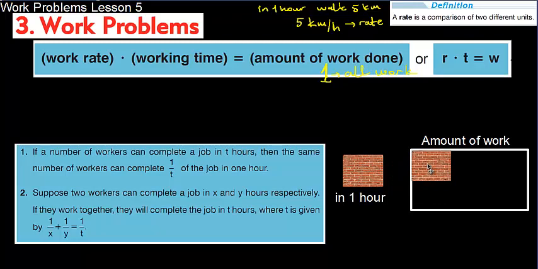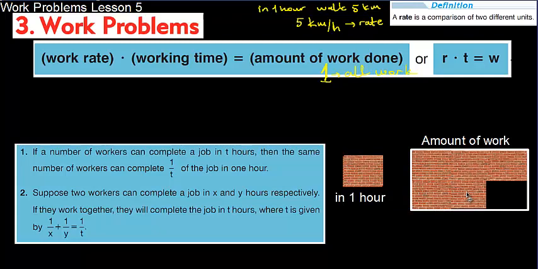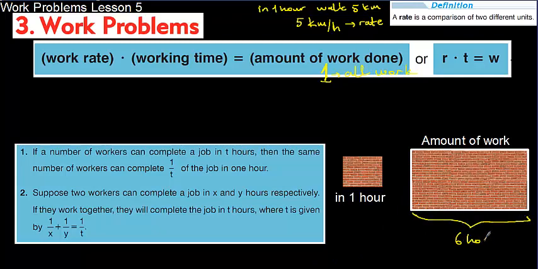I finish this one in 1 hour, then in 2 hours I finish this one. The third hour I finish this one, the fourth hour this one, the fifth hour, and this is the 6th hour. Now I complete all the job. So I finish in 6 hours; this is the time for the job.